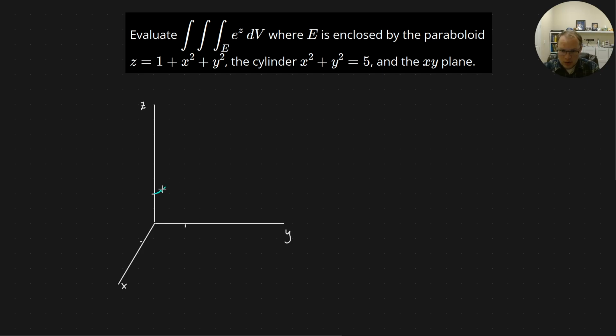So it's something like this. Okay, so that's our paraboloid z equals 1 plus x squared plus y squared.